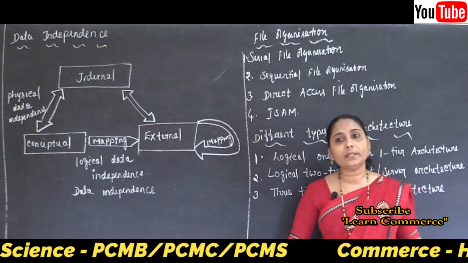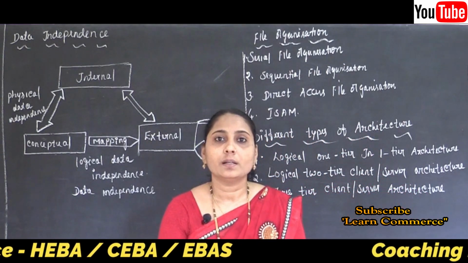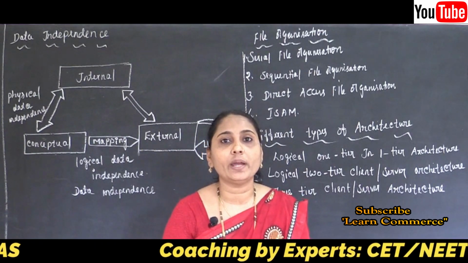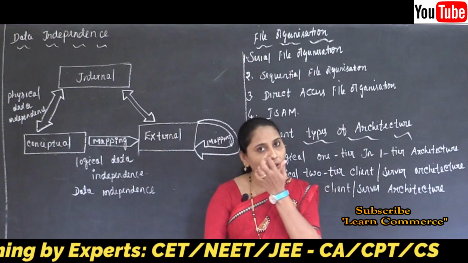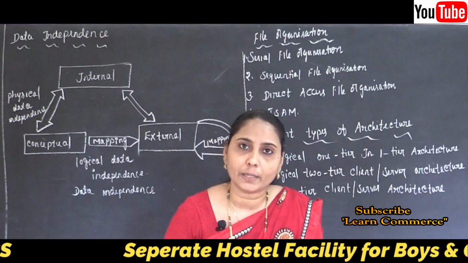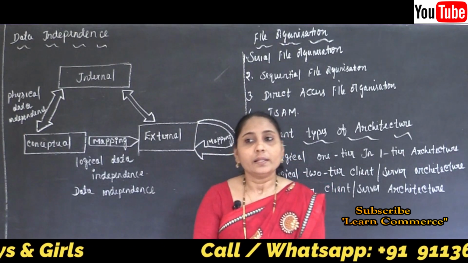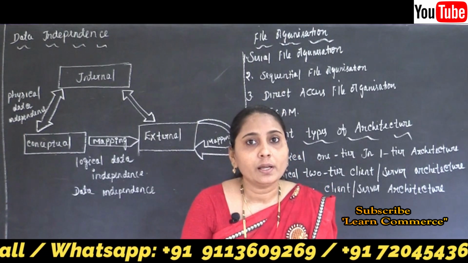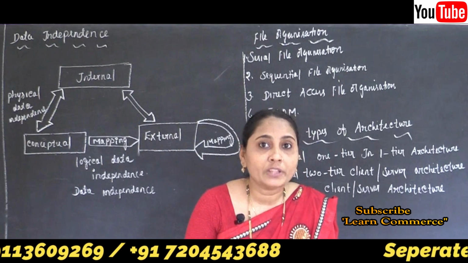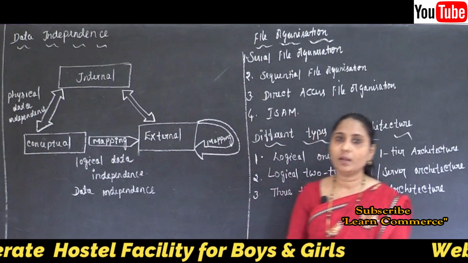Now what about data independence? Data independence is the ability of a database to modify, that means to make changes in the database, to modify the schema definition at one level without affecting the schema in the next higher level.